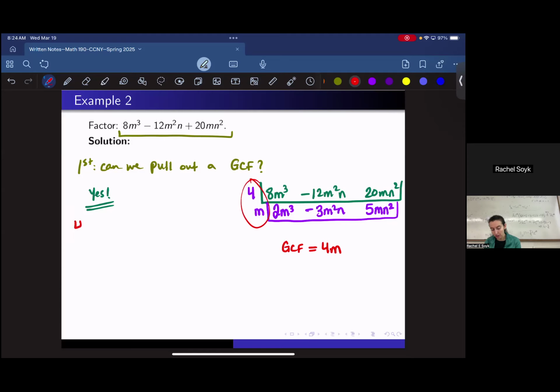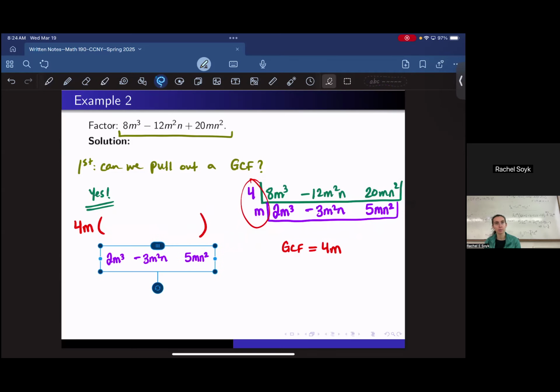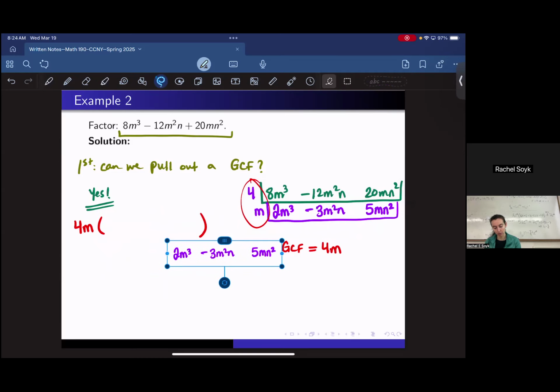So now let's pull that out. And when we pull that out, what are we left with? Well, lucky for us, we just did our cake method, which means we're just left with what we have in purple over here. Oh, I didn't pull it out yet. You're right. Thank you.